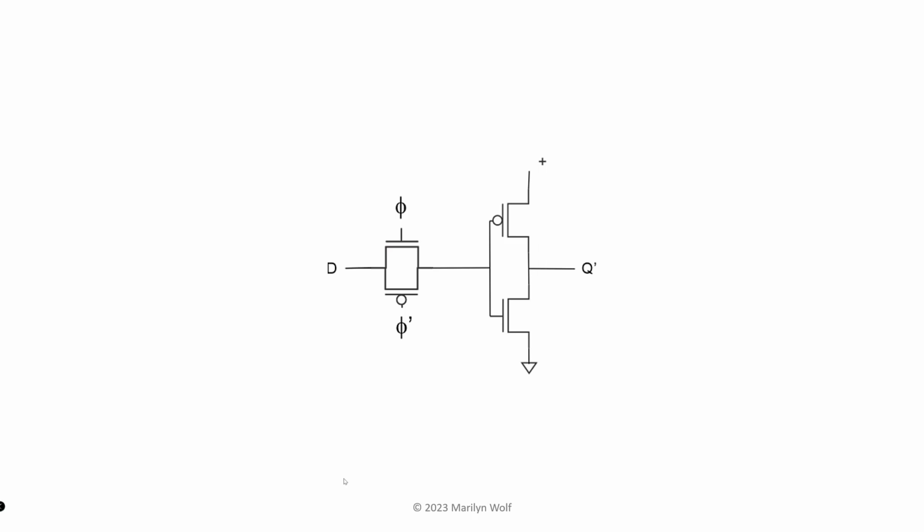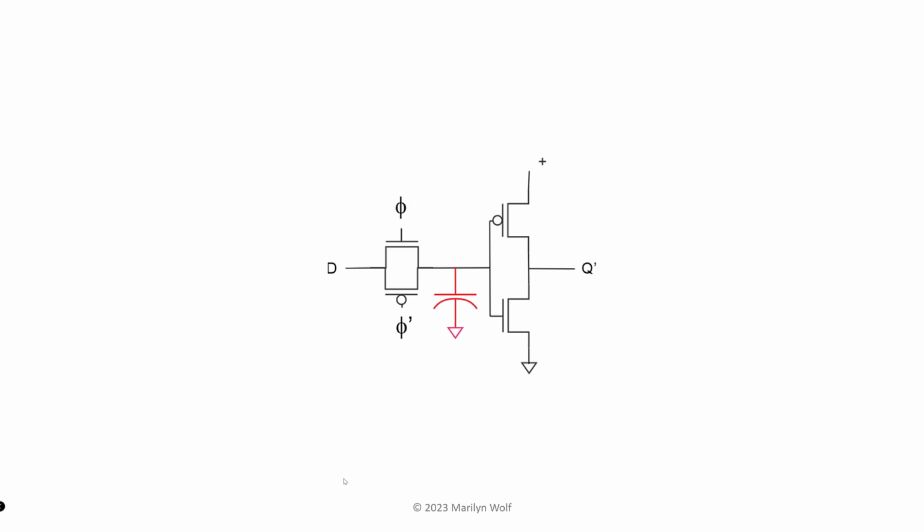This is a transistor schematic for the D latch. On the right side, we have an inverter. On the left side, the two transistors form a transmission gate, or a form of switch that is either on or off. So the clock input in its true and complement forms controls the transmission gate.